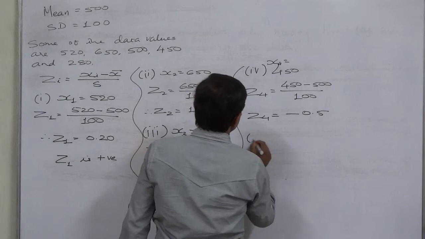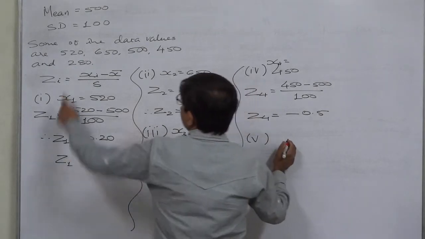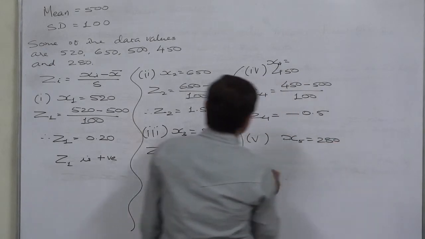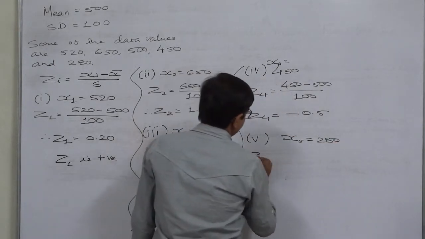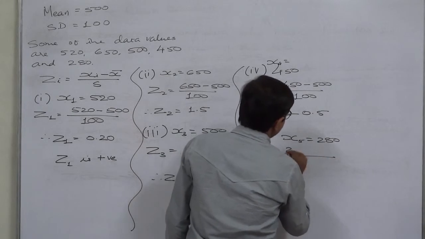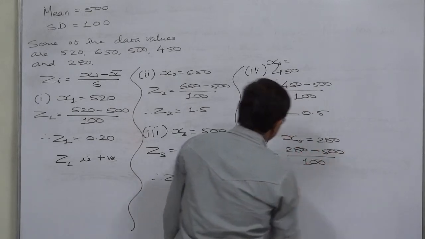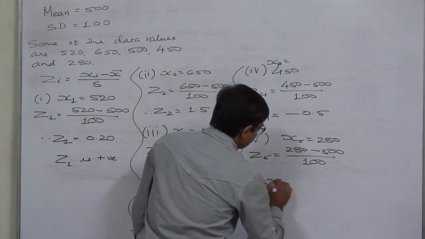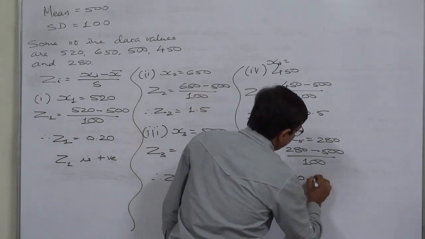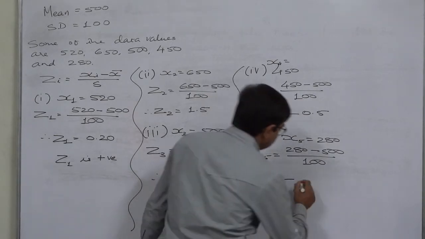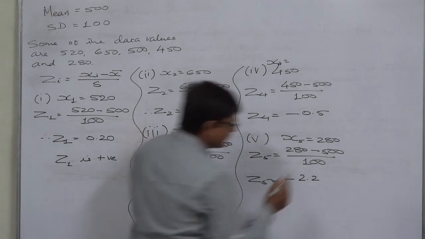And the last case, number 5, let us take x equals 280, very far from the mean. The z score for that will be 280 minus 500 divided by 100, which comes to minus 2.2. 2.2 is a very large value as far as the z score is concerned, and it is negative.